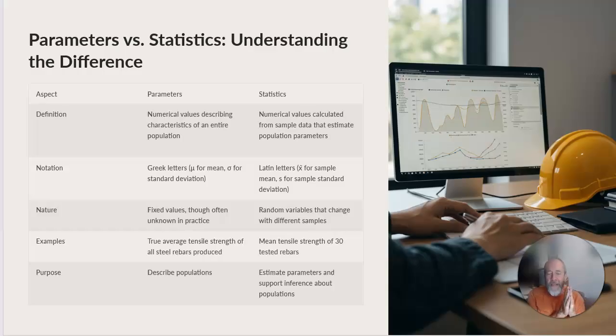You're always estimating them from what you've measured for the sample. If you're having trouble with that, just rewind and listen to that again. That must make sense to you, because that's the whole reason for statistics.